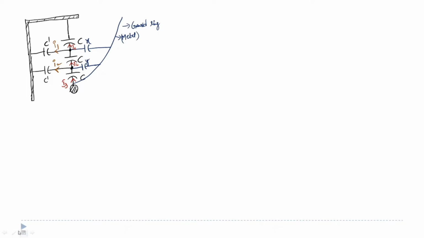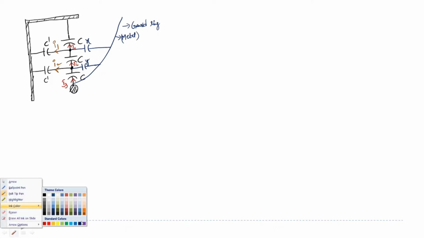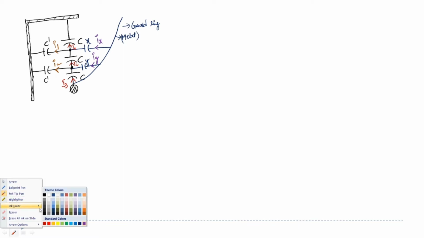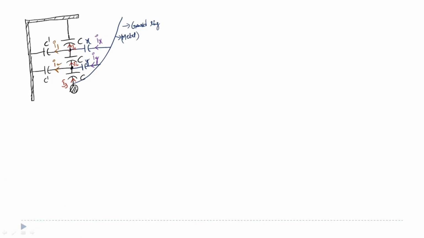Now what about these other currents? These currents are IY, and this current is IX. Let us assume this node as node B, and this node as node A.